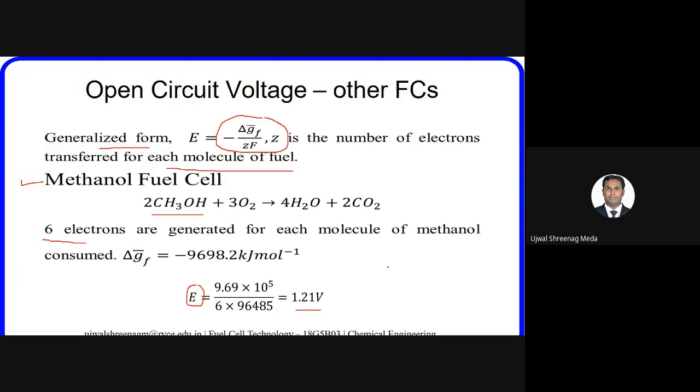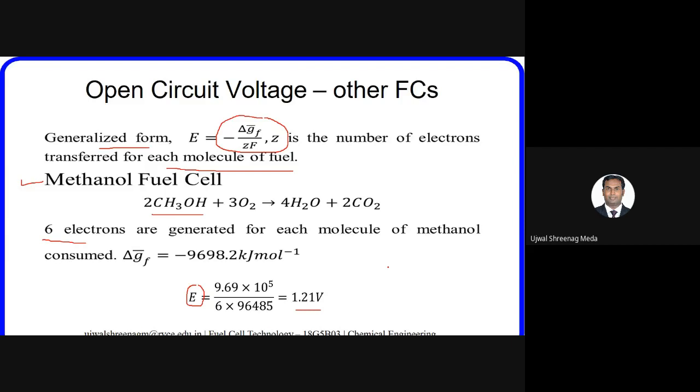So what is this open circuit voltage? If you remember the components of a fuel cell, the load is an essential component of the fuel cell. After all, the load is the one which consumes the electricity that is generated in a fuel cell. When a fuel cell is not connected to such a load, it is known as open circuit.